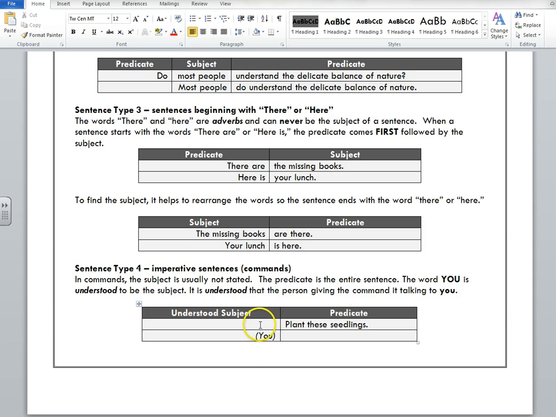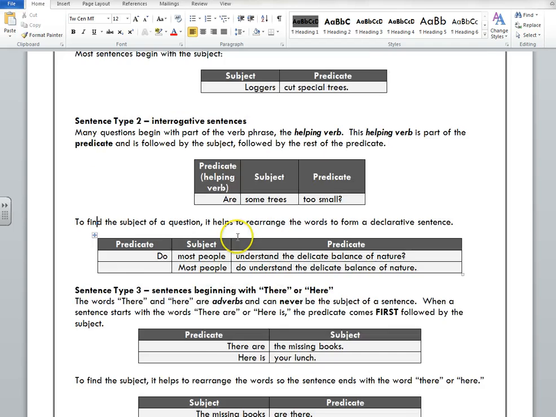And we notate that by putting it in parentheses at the front of the sentence. So if you have a command, plant these seedlings, this whole thing is predicate. We still have a subject, it's just understood. So we put it in parentheses to kind of show that it's not part of the written sentence, but it's understood. We put the you inside of it.